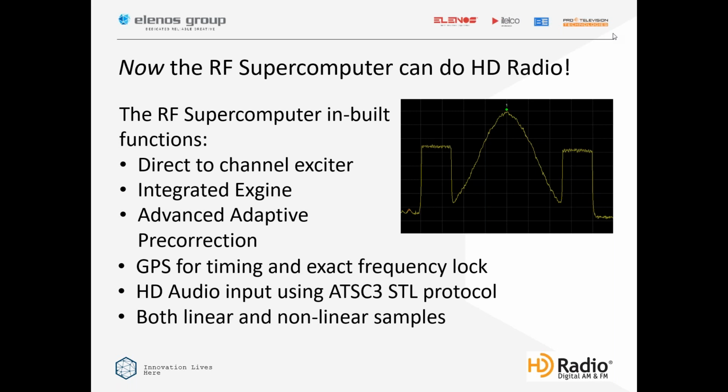The first one was the DAB, and I am happy to announce that this very week, we have actually for the first time also modulated iBiquity directly in the new HD radio firmware for the RF supercomputer.